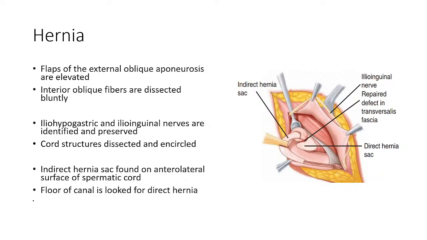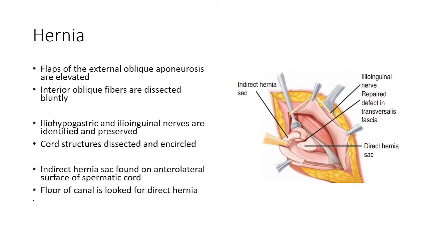Then we have to dissect out this sac, this inguinal canal, and this is the internal oblique. Some fibers from the internal oblique give origin to the cremasteric muscles. We dissect out those cremasteric muscles, then we isolate the spermatic cord.